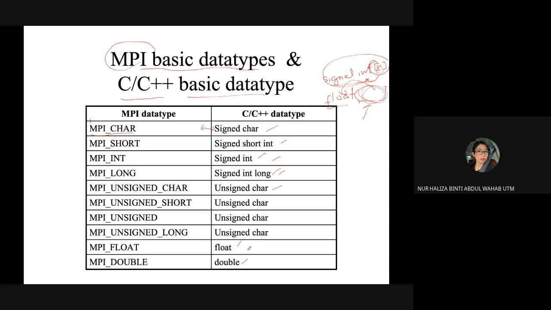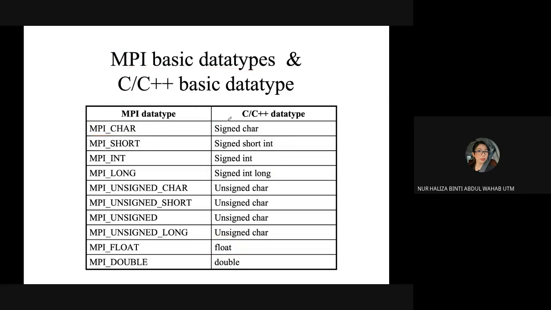So if you have float in your C or C++, in MPI you need to put it as MPI dash float. Dekat C ni dia macam senang sikit, but the only difference, I guess, is you need to put MPI in front: MPI dash something, MPI dash something.